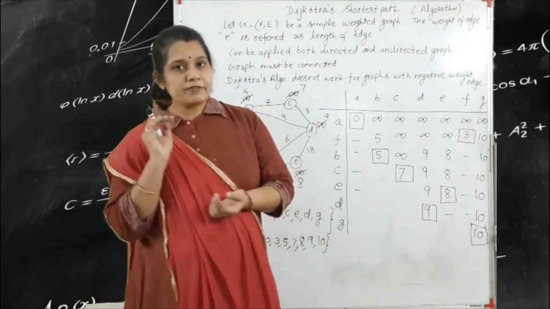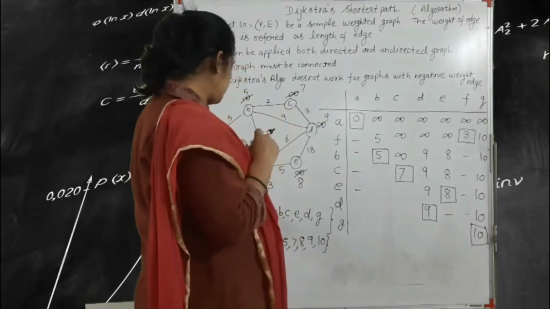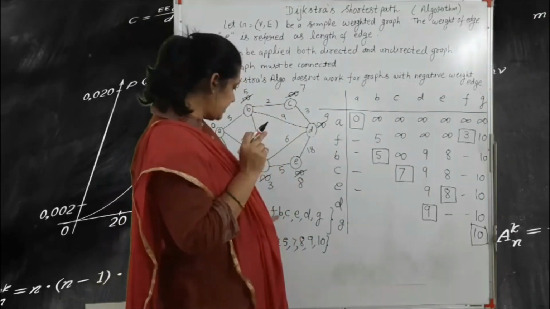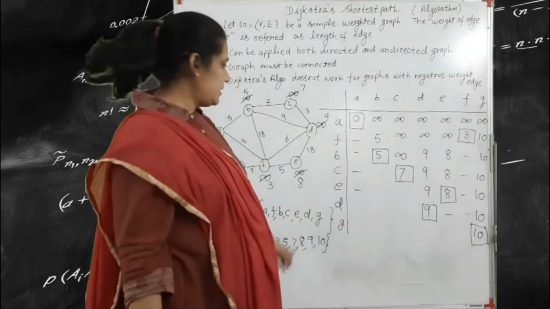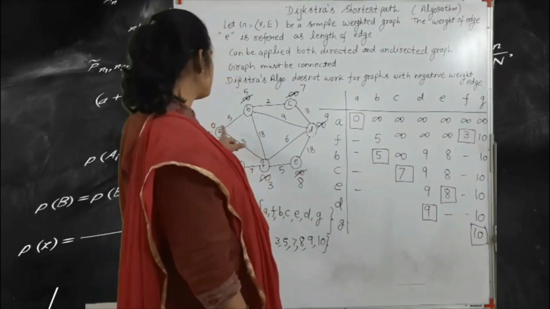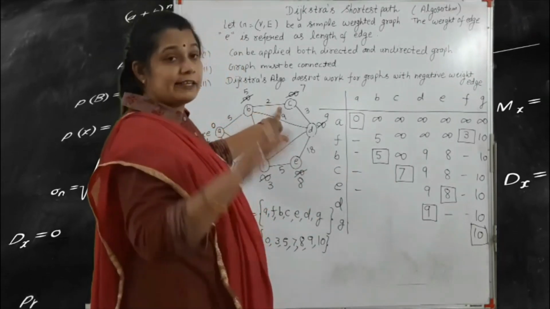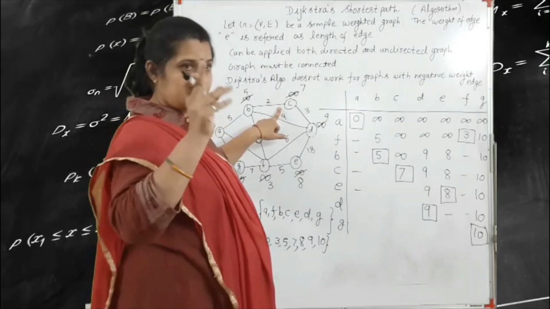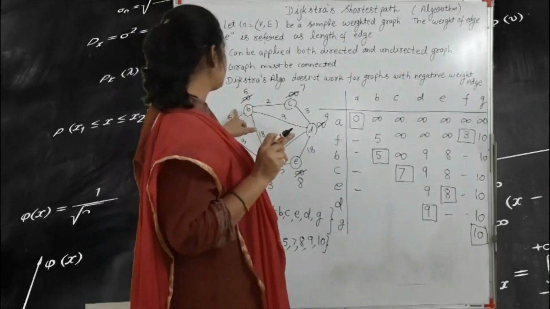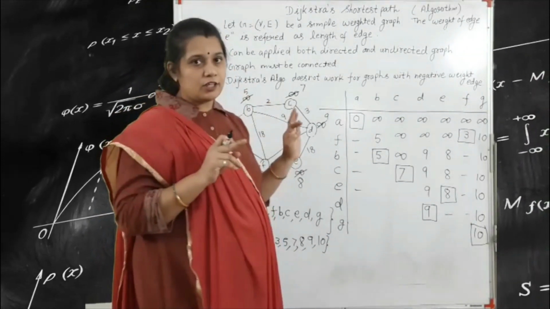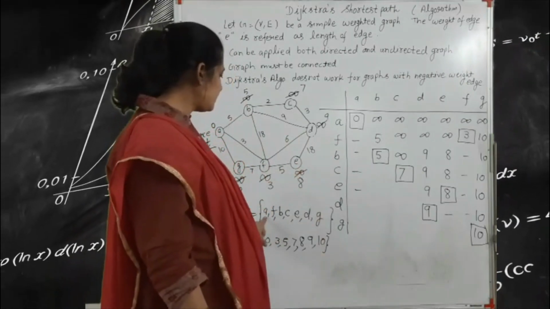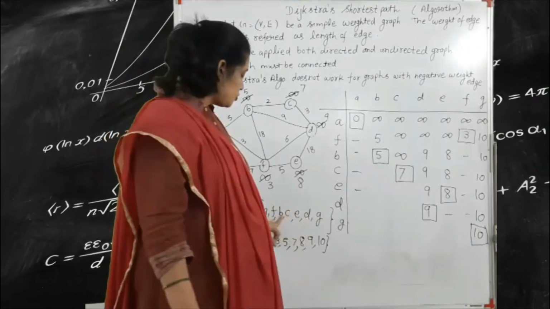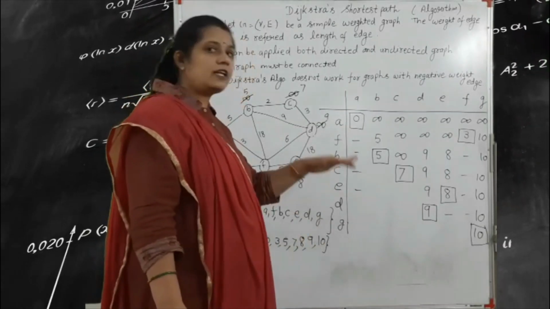That means if we find the shortest path A to C, the total length is 7, that is 5 plus 2, 7. Got it? If we find the shortest path A to G, the total length is 10.